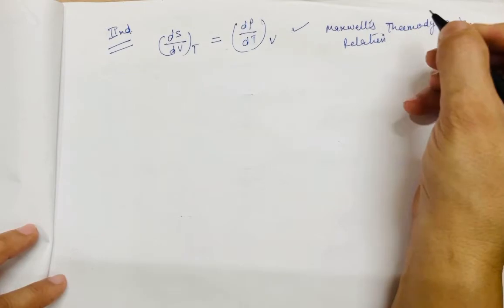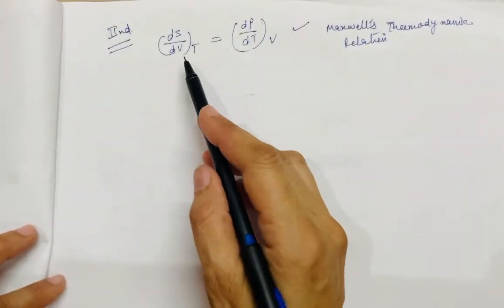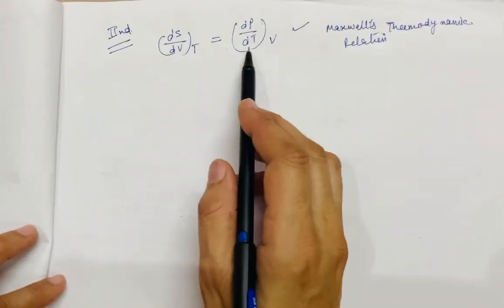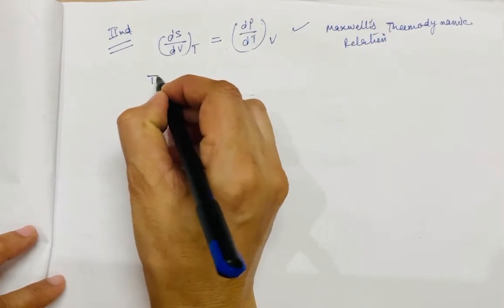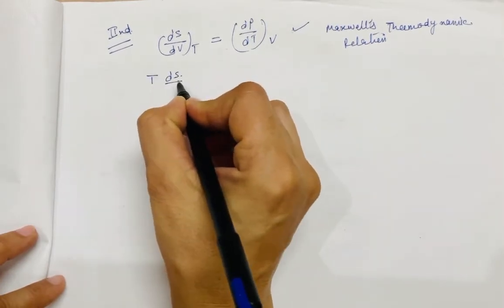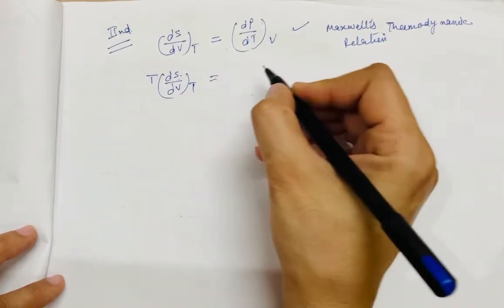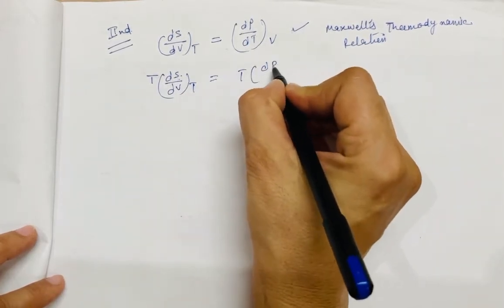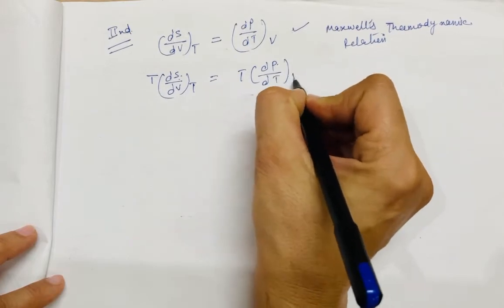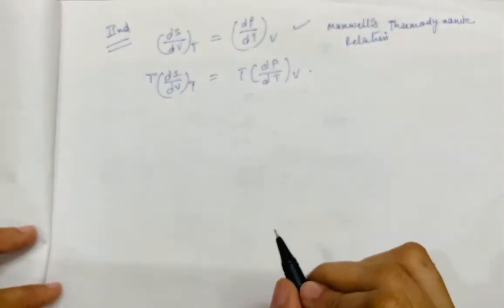Okay, second thermodynamic equation. Now if we multiply both sides by T, we get curly dS by dV at constant temperature equal to T times curly dP by dT at constant volume. Clear?